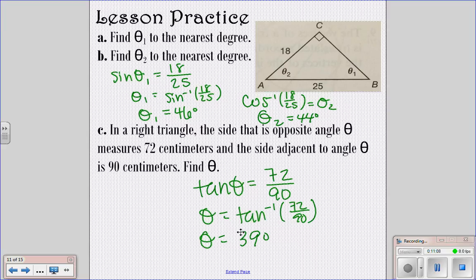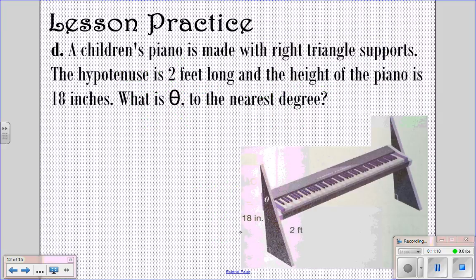Okay, looking at one more practice problem. We've got a right triangle over here. I want us to find theta. So y'all try that, and then unpause the video. So we're going to use the cosine of theta, and it's going to be adjacent over hypotenuse, which I'm not going to put 2.